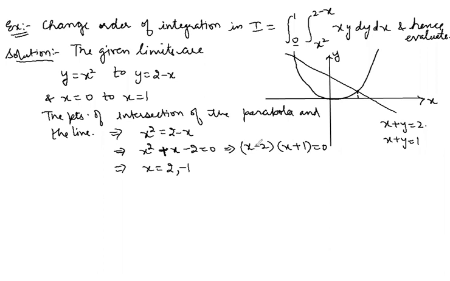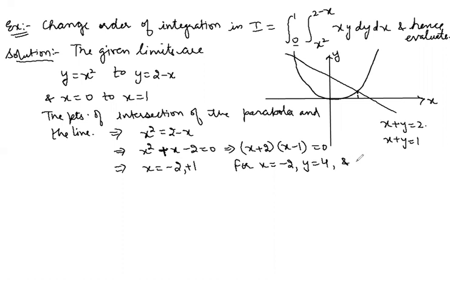It is plus 2, right? It is x plus 2, x minus 1. So the values of x are minus 2 and plus 1. For x is equal to minus 2, what is the value of y? I can see here y is 4.